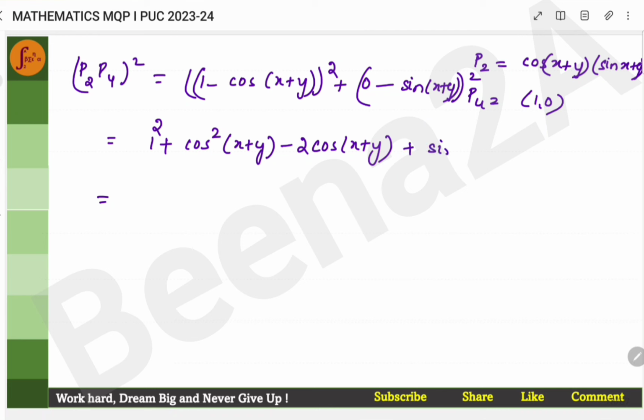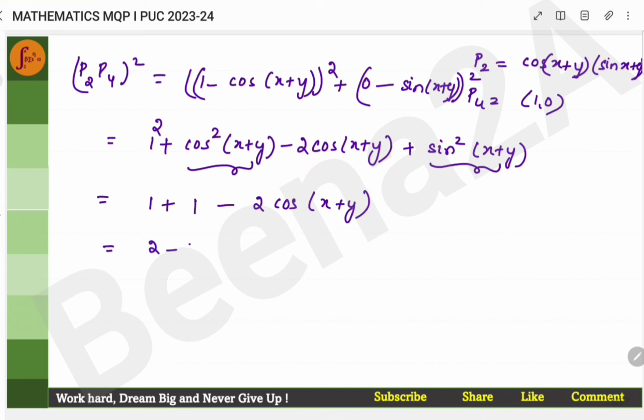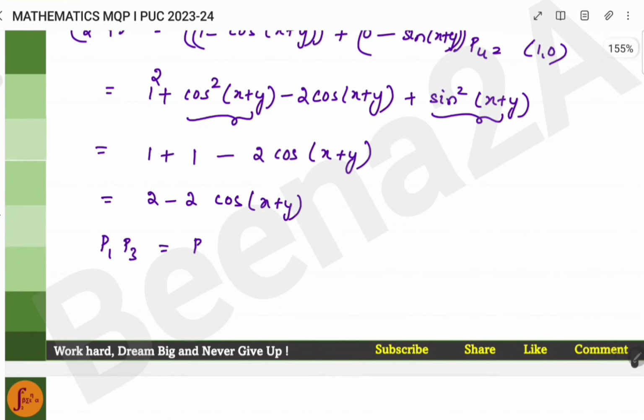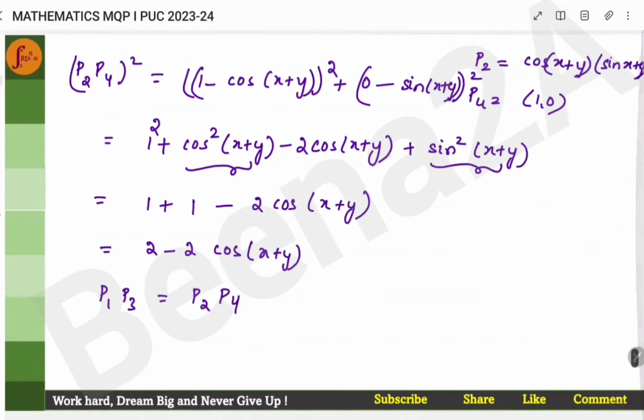So it will be plus sine square of x plus y. We have the whole square here, so it will be sine square of x plus y. Now cos square of x plus y plus sine square of x plus y is 1. So you get 1 and this together is 1 minus 2 cos of x plus y, which is nothing but 2 minus 2 cos of x plus y. Because the triangles are congruent, P1, P3 is equal to P2, P4. Let's call this equation 2.